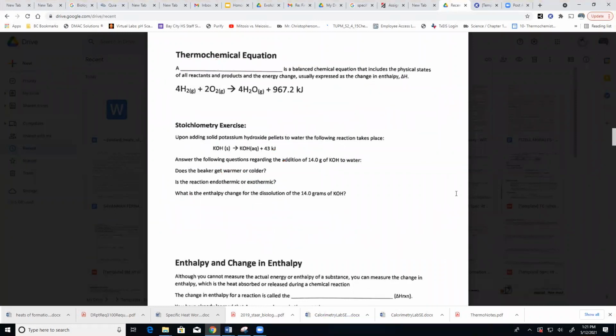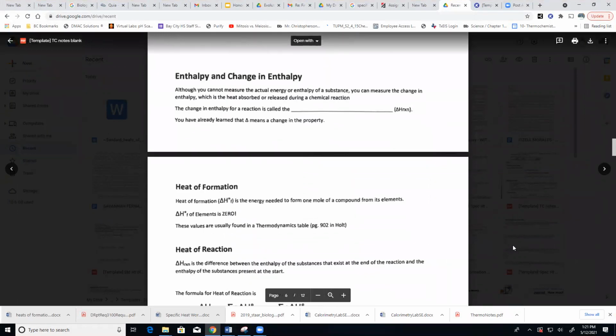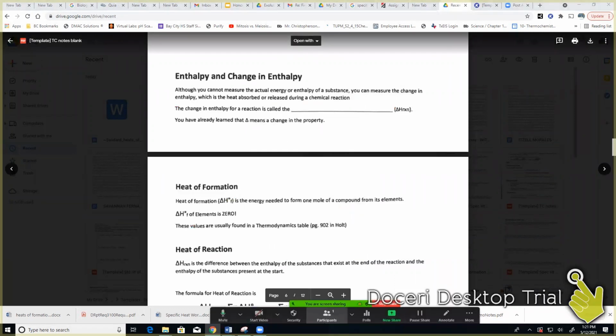All right. So that was that. Let's get to what we're actually doing today more so. So we're looking at enthalpy changes, or the change in enthalpy. And the reason we do that is because we cannot measure the actual energy or enthalpy of a substance, but we can measure the change.